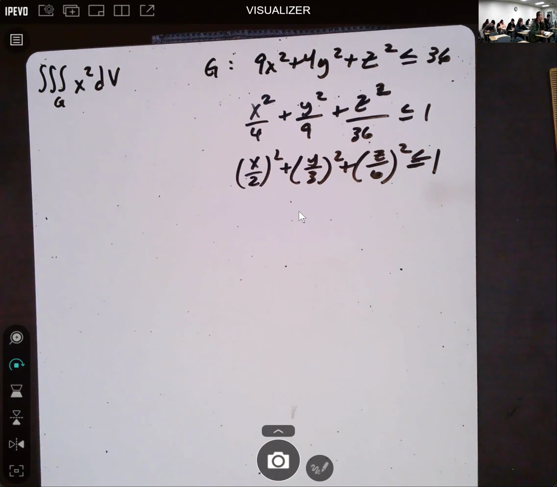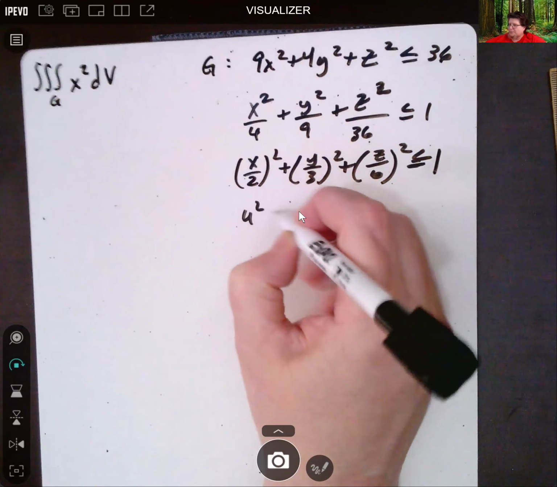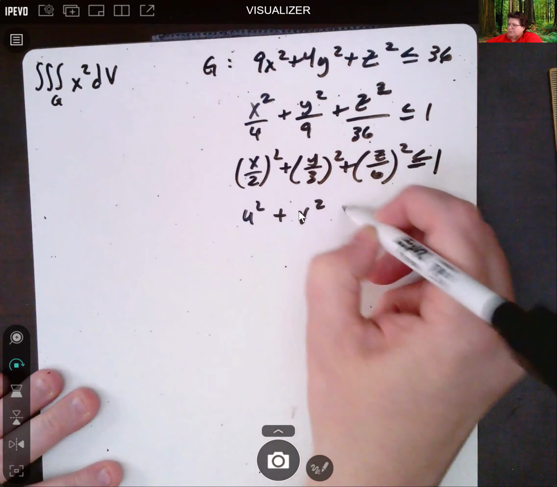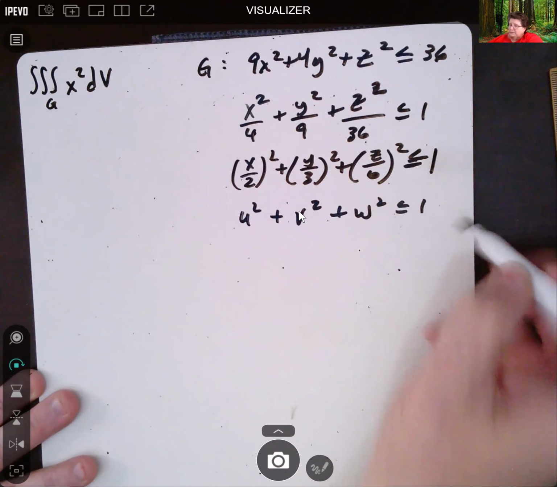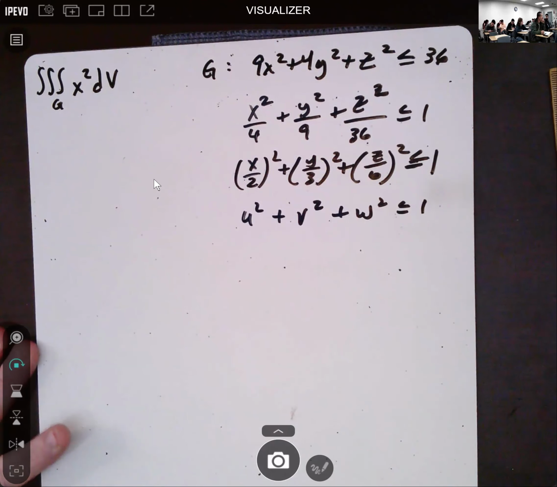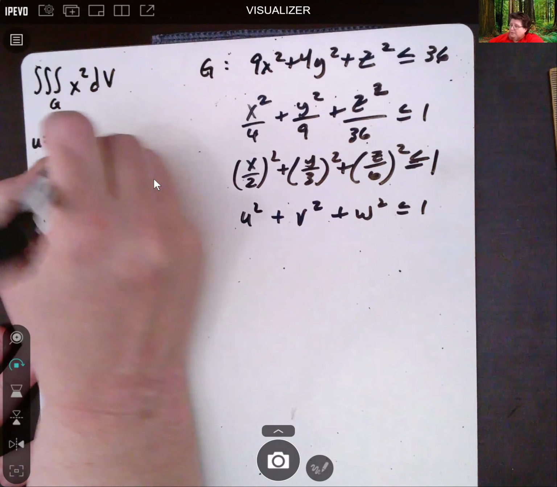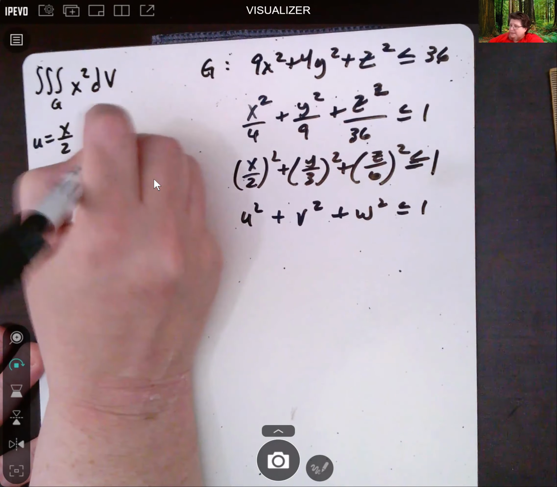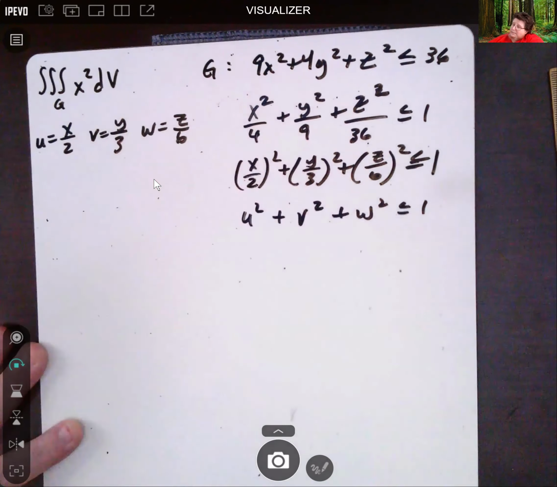I would just substitute the variables themselves. If you make this u squared plus v squared plus w squared, it's kind of easy, right? It's a sphere. But that means I gotta set u equal to x over 2, v equal to y over 3, and w equal to z over 6.